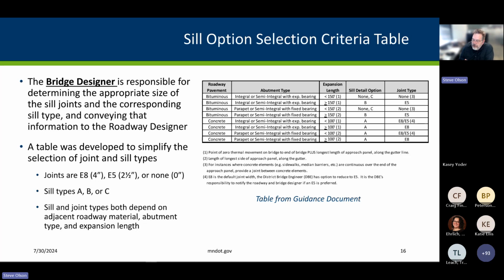And so this is what the bridge designer would look at to put together the design memo. You look at the type of pavement, the type of abutment, the length of the movement or expansion length going on, and then he'd pick a sill detail and a size of expansion joint. We'll talk about these more later.